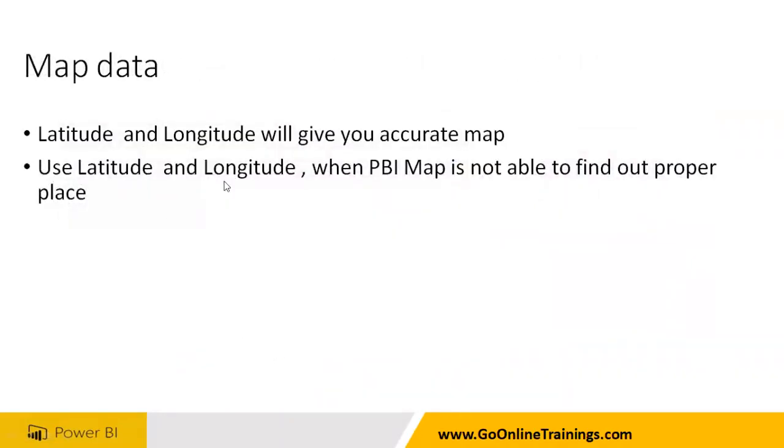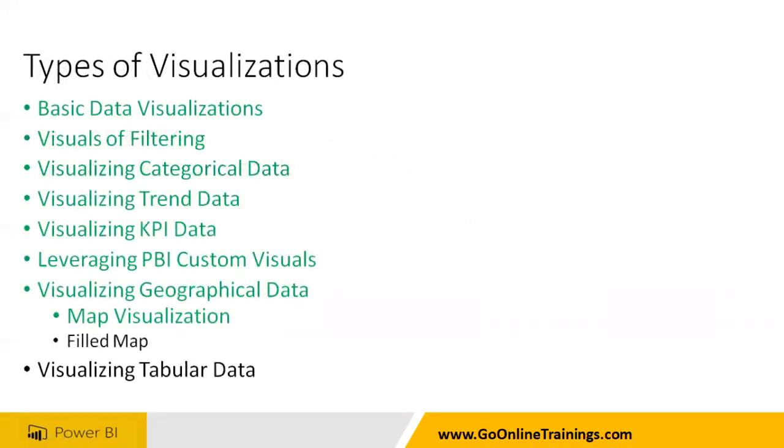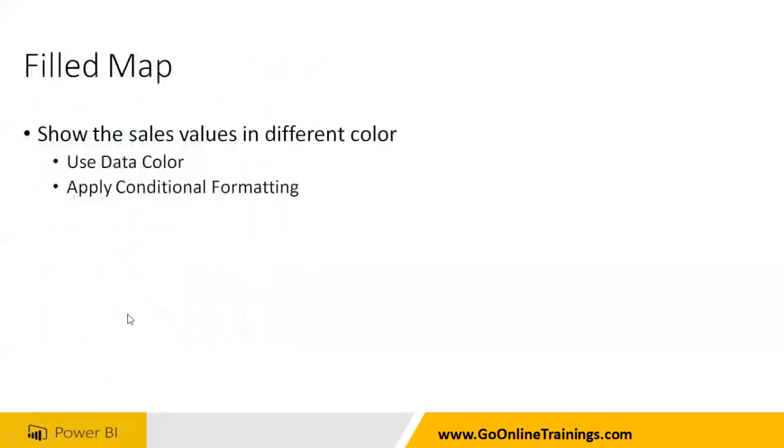Now, latitude and longitude will give you an accurate map. Use latitude and longitude when the Power BI map is not able to find the proper place. Clear? So accurate place. And filled map is more or less the same. To show the sales values in different colors, there is a property called use data color. We can also apply conditional formatting.